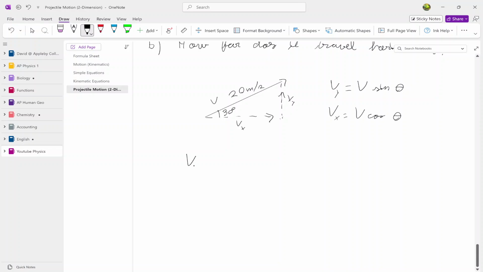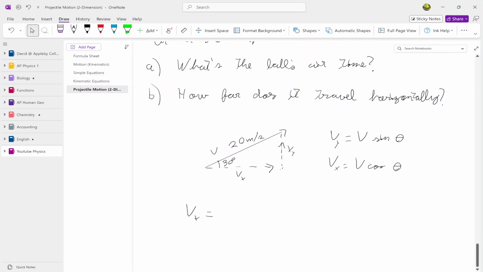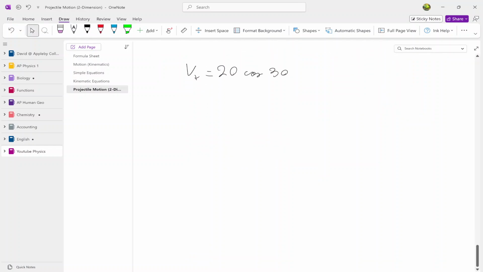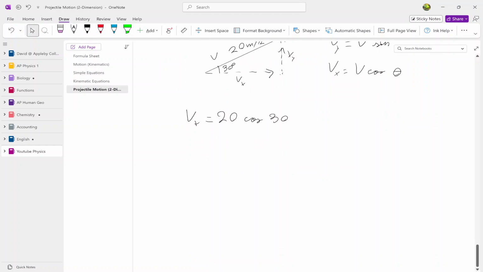So let's begin with the horizontal component. This would be 20 cos 30, and this would equal, alright, sorry about that, 20 cos 30.